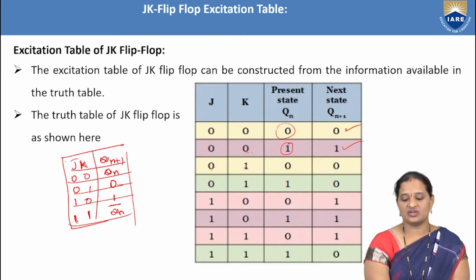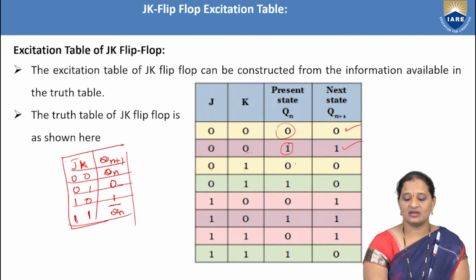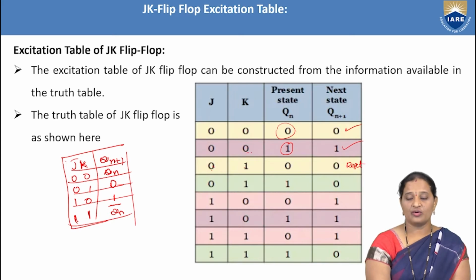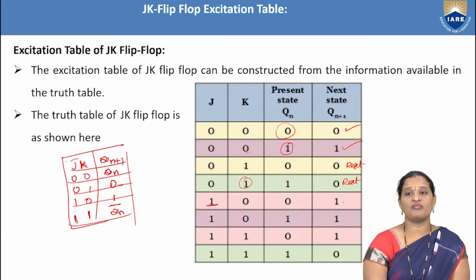Next, when J is equal to 0, K is equal to 1, irrespective of the present state, as the K input is 1, the flip-flop will reset, and hence the next state is 0. That means it is reset. And here, even though the present state is 1, as the K input is 1, the flip-flop will reset. Now, as the J input is 1, irrespective of present state, the flip-flop will set.